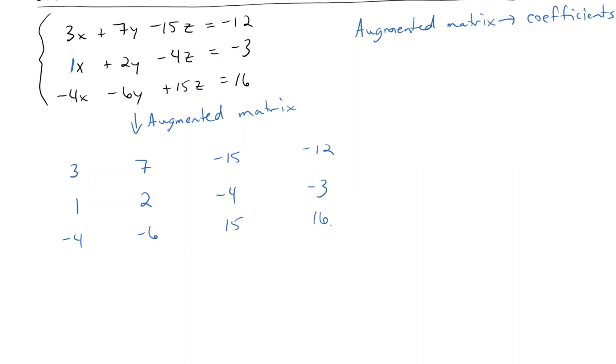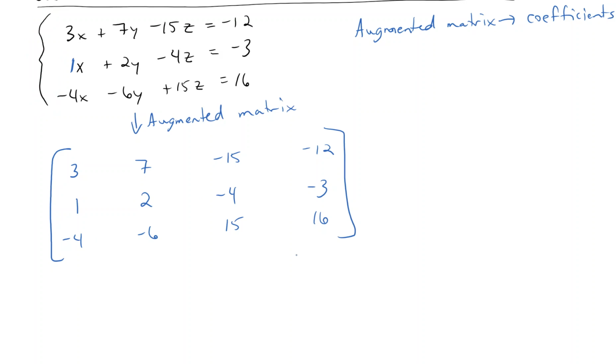Now we need the proper notation to go along with it. A matrix is enclosed within brackets on both sides, like this. A system usually has a left brace to enclose all of the equations that make up the system, but a matrix is enclosed on both sides by brackets.